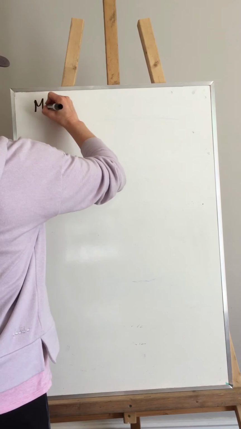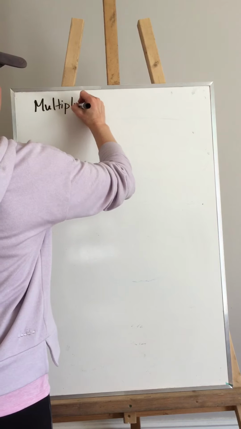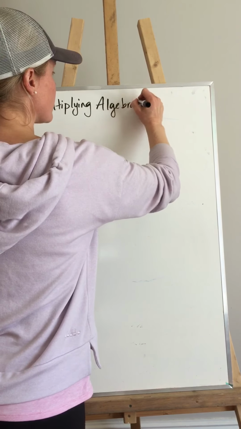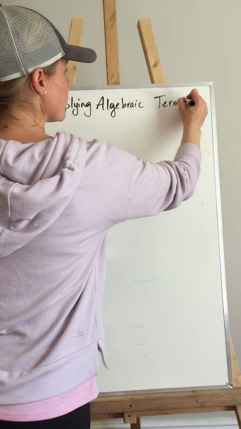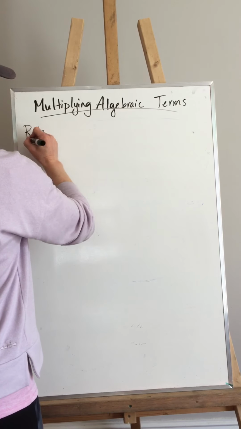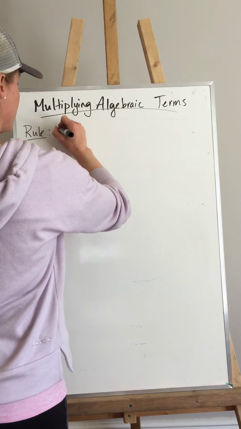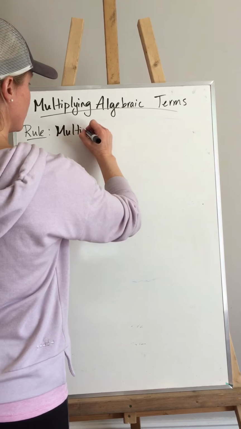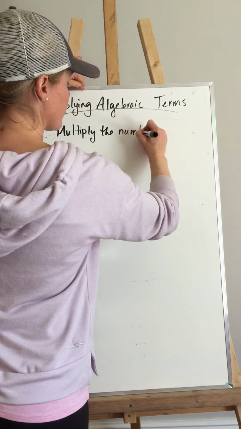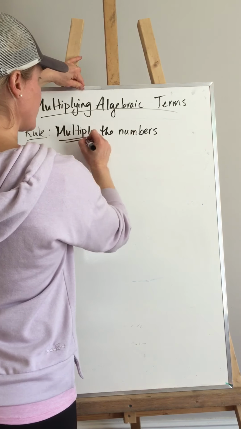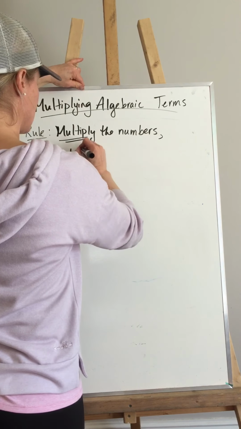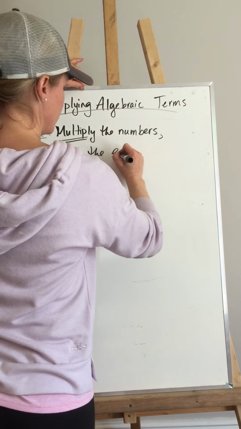Okay, multiplying algebraic terms. Okay, so the rule for this one is that you are going to multiply the numbers, okay, multiply the numbers, but then you will add the exponents.